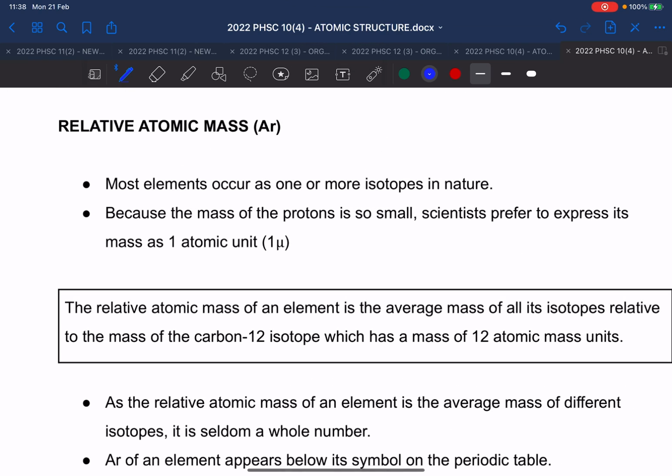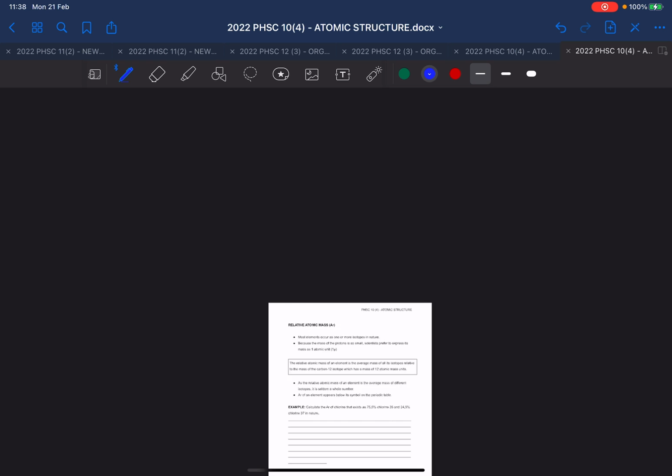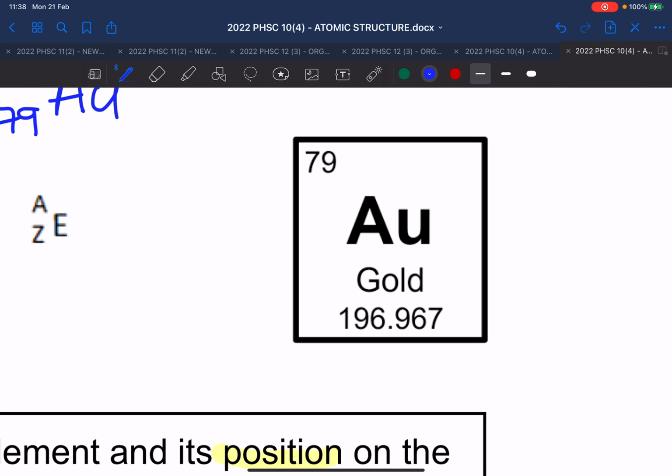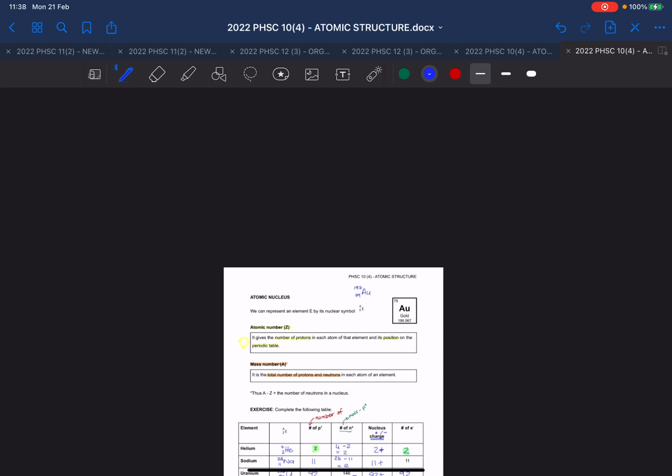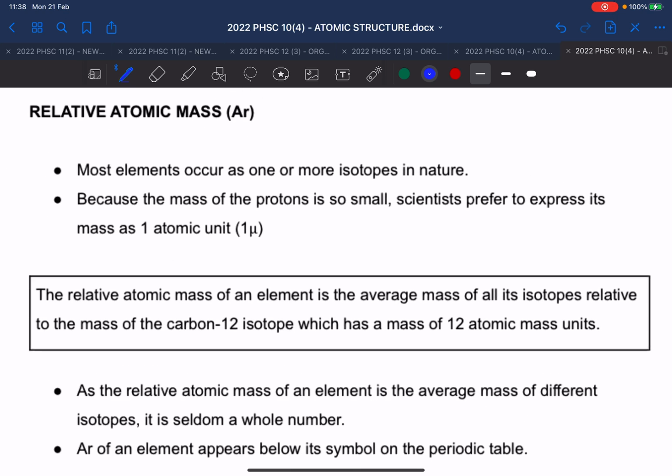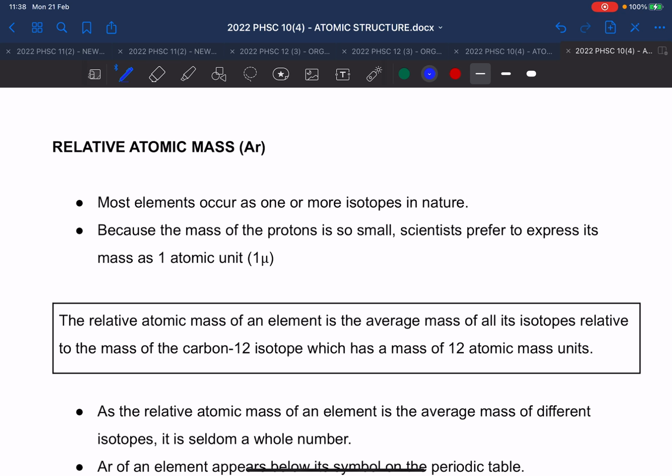Okay, right. Now, I already said something that should have made you wonder in class today. When we looked at gold at the top, the mass there was 196.967, and on yours it is 197. If you check on my periodic table here in front, you can see the mass every time is not rounded off.